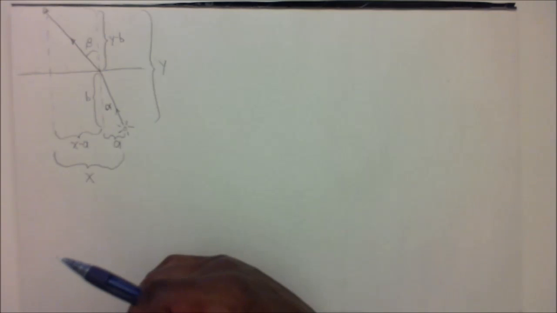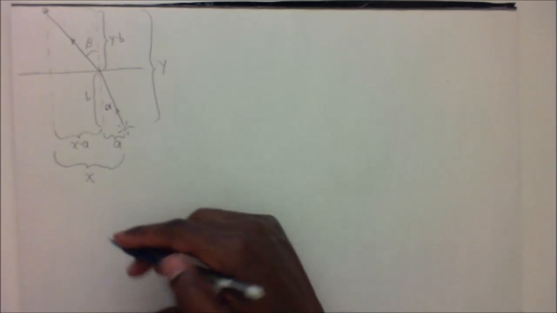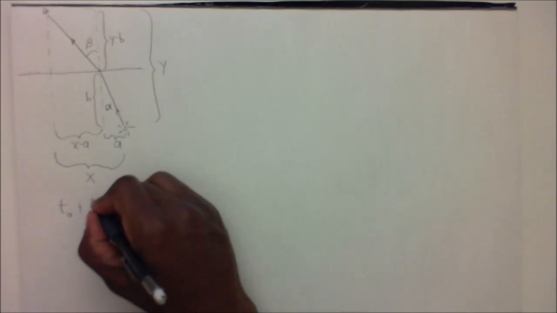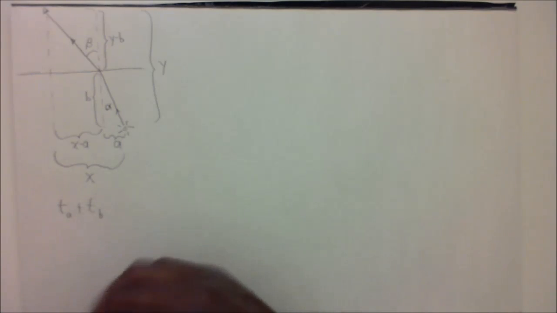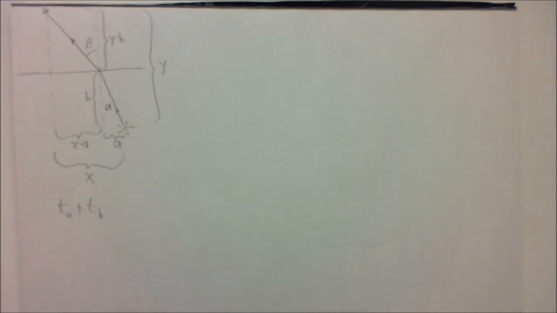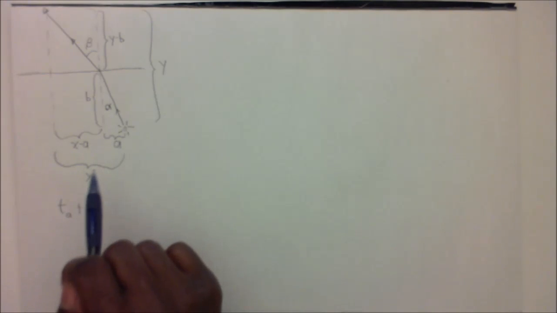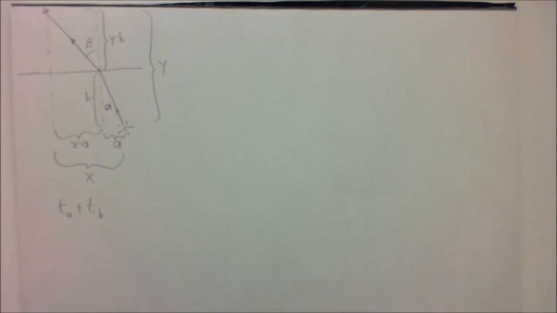So we're going to represent the time that it takes to transfer through the media as t sub a plus t sub b. We're going to take the derivative of that with respect to a, set that to 0 to find the minimum, and then see what we get from there.